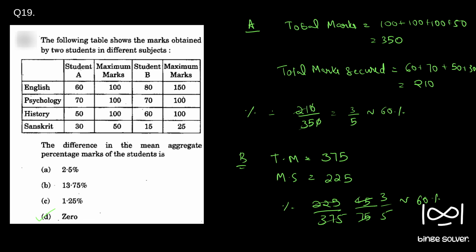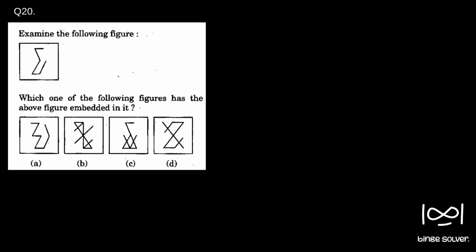Moving on to the next question, question 20. Examine the following figures. Which one of the following figures has the above figure embedded in it? There is no particular logic to solve this, just intuition and see whether the figure fits. Since it has to be like this, it doesn't fit here.